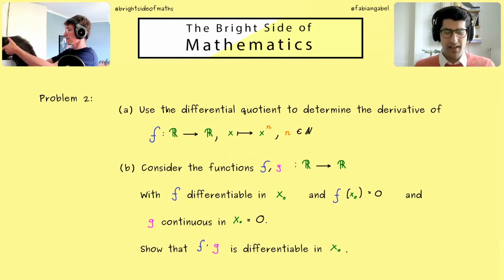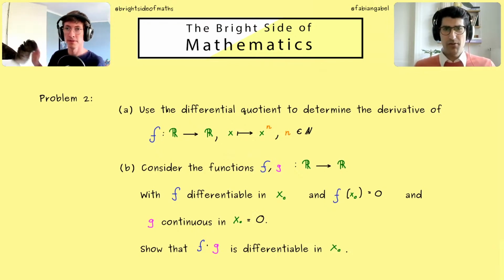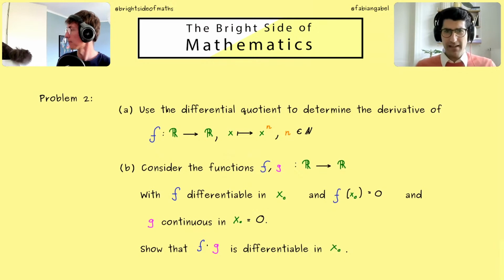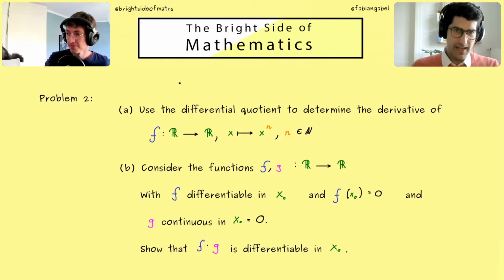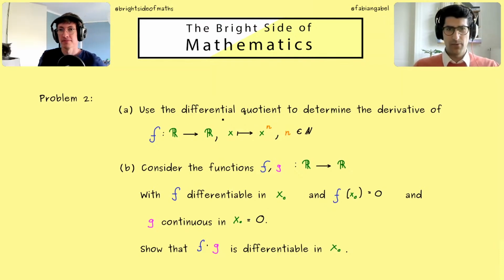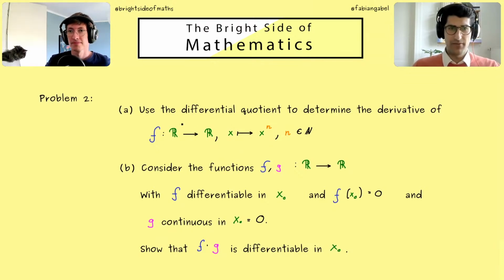It takes some work, and usually we don't need to, because we have already done it and then use some of the rules that we know for calculating derivatives. But here the question is, can we also determine the derivative of all monomials x to the n by using the differential quotient? In the next one, we will also see some differential quotients, but I think we leave that for later.